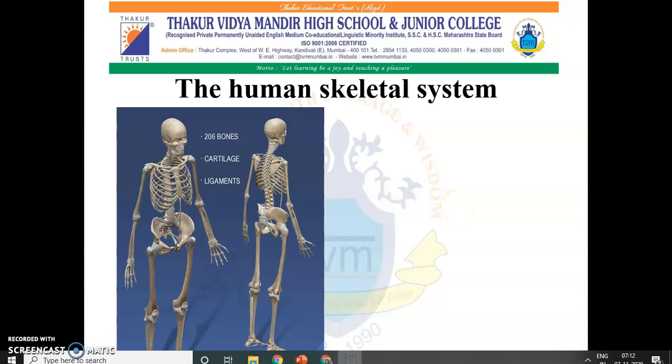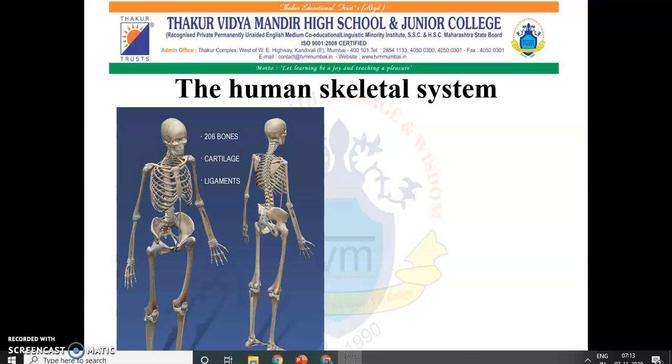Students, do you know how many bones are there in a newly born baby? There are total 300 bones in her body. But over here it is mentioned that there are 206 bones altogether in the human skeletal system. So this is the skeletal system of an adult. An adult has 206 bones, but a newborn baby has nearly 300 bones in her body.